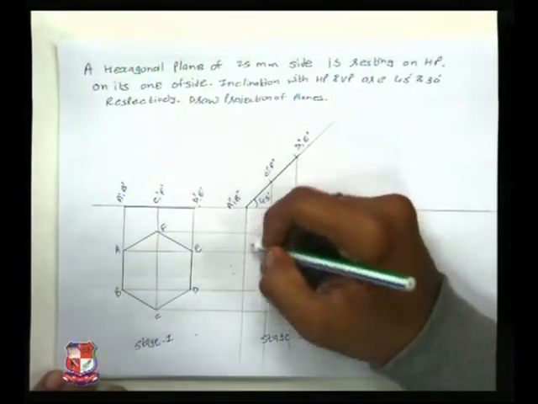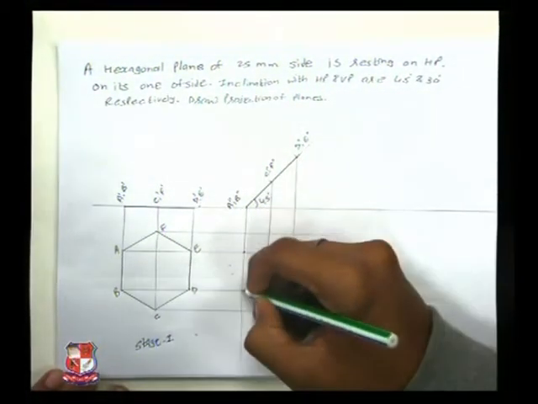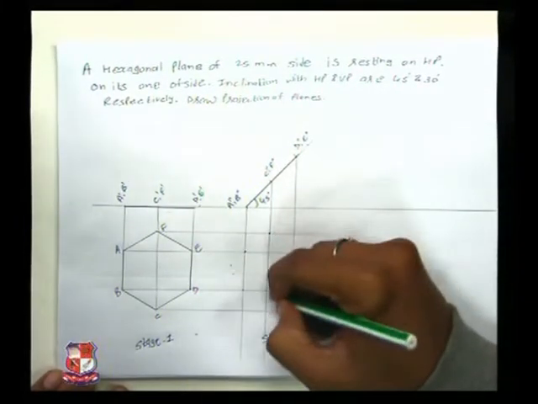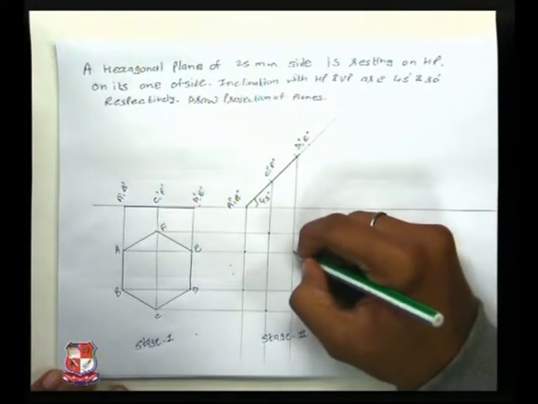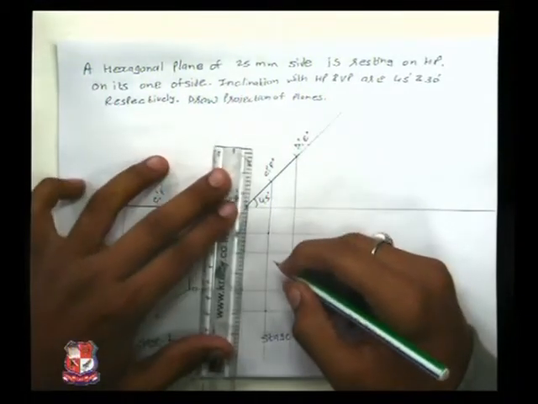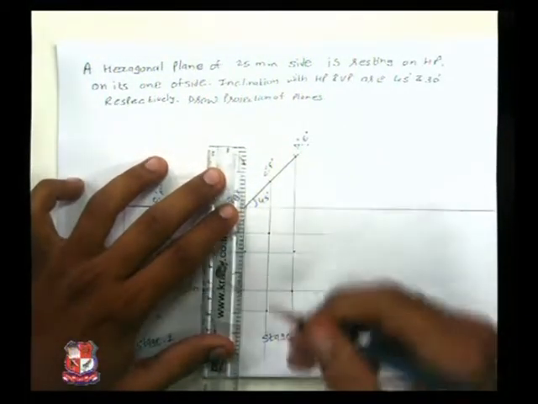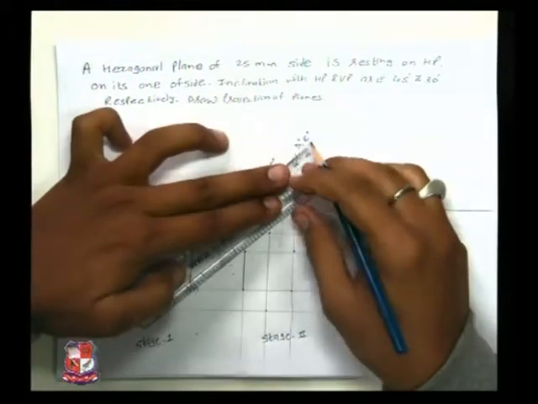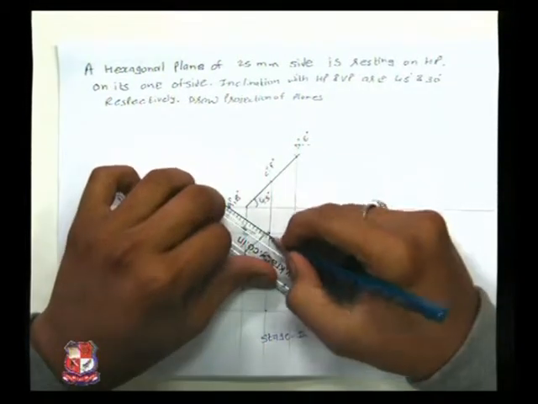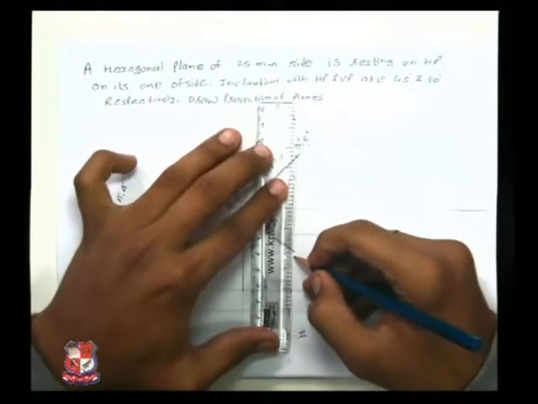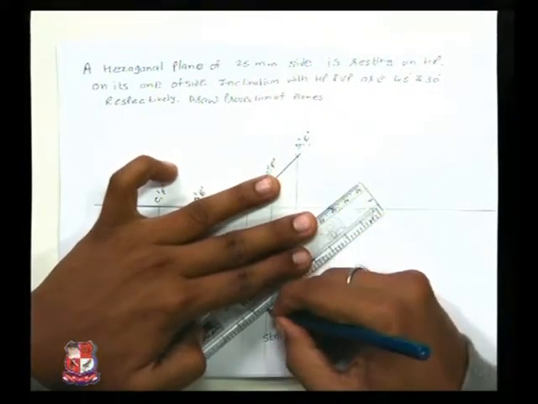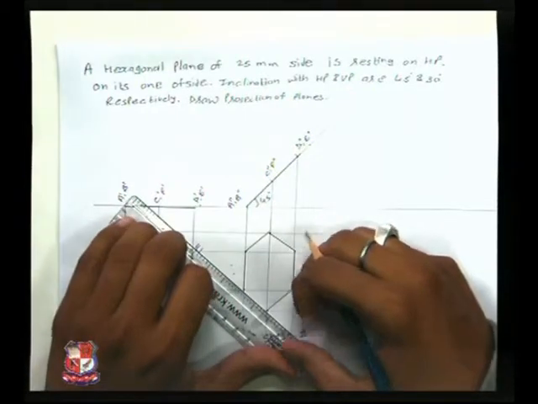As you can see, A dash to A, B dash to B, F double dash to F, C double dash to C, D double dash to D, and E double dash to E. We have got stage 2, where this 25 mm side hexagonal plate, if it is rotated to 45 degrees to the HP, how it looks is shown in stage 2.